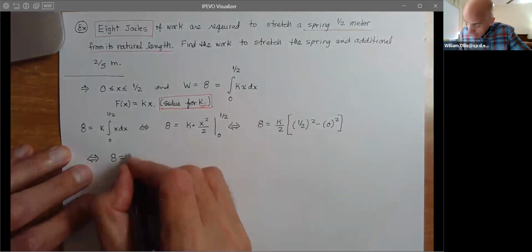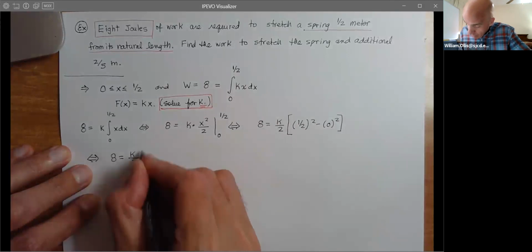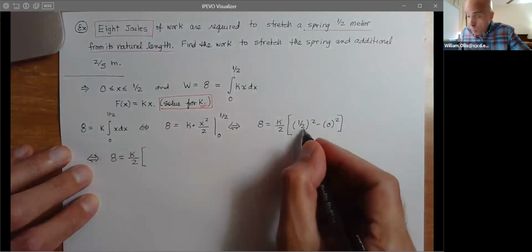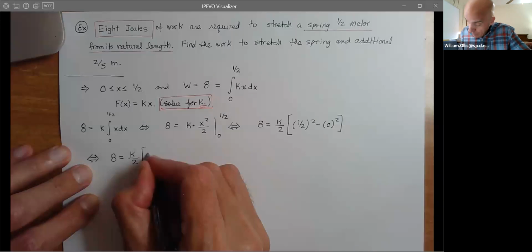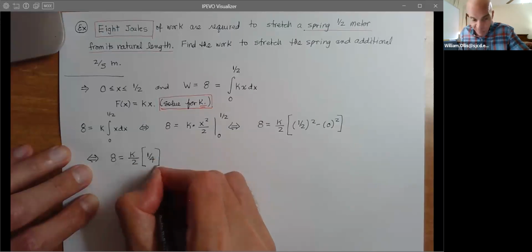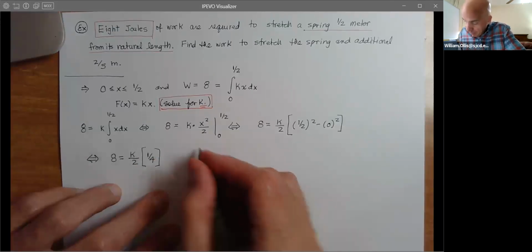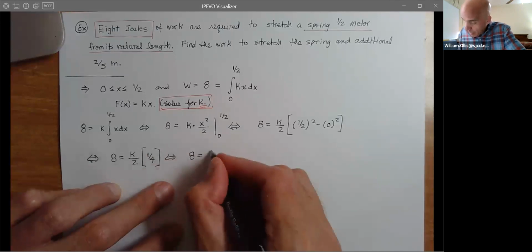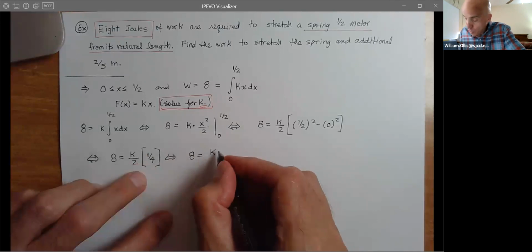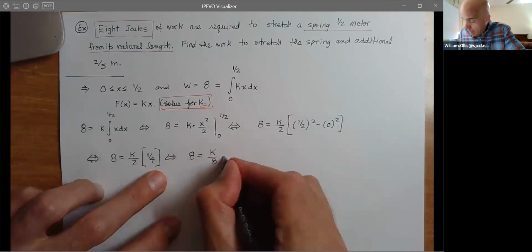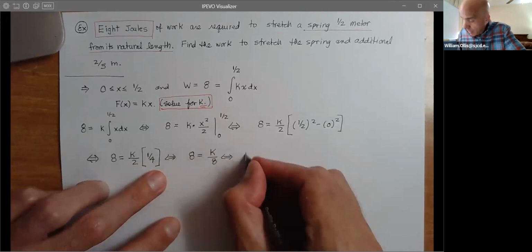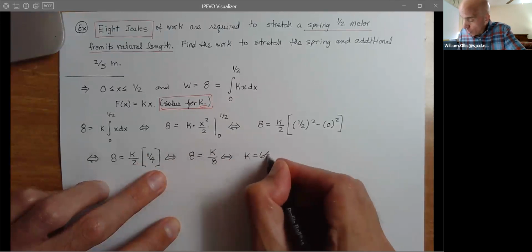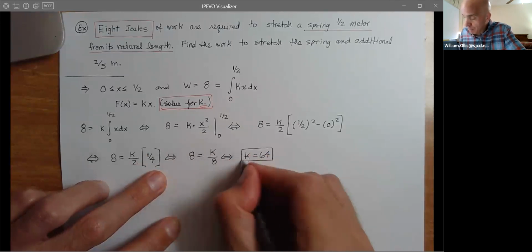It's really not going to make any difference. And so now this will just give us a 1/4. So we get 8 is equal to K divided by 8, 2 times 4. So K is 64. And again, don't worry about the units. We just need the magnitude.